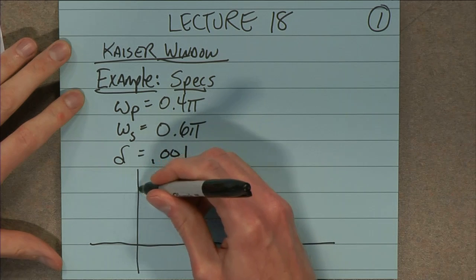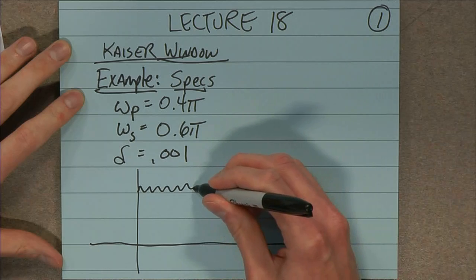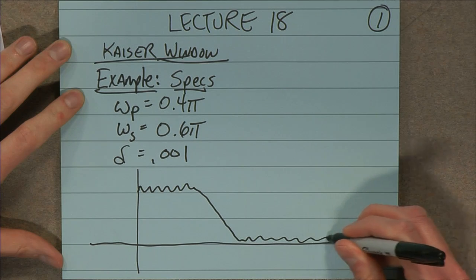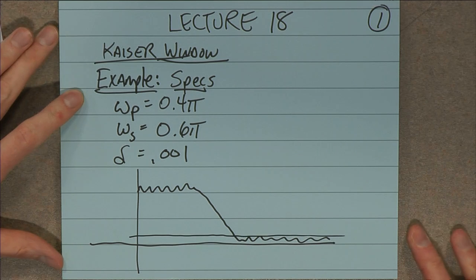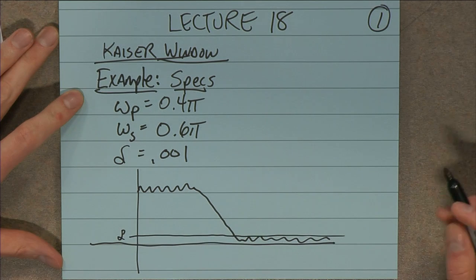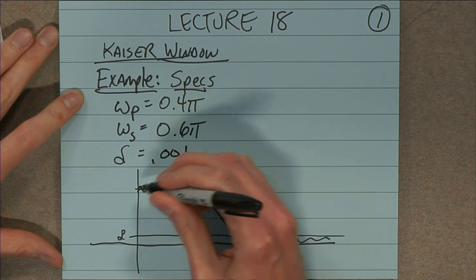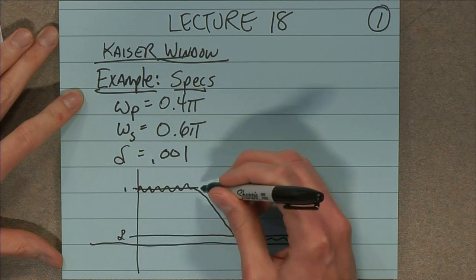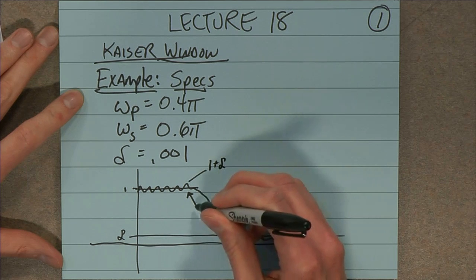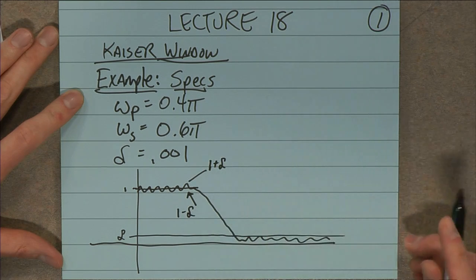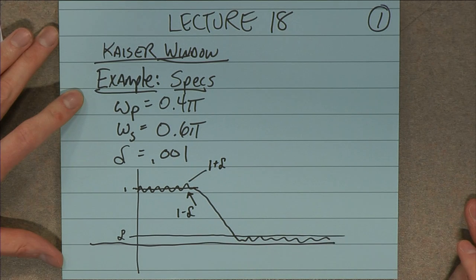We're going to have some tolerance of ripple in the passband, a transition band, and a tolerance of ripple in the stop band, where that ripple level is delta. If this is 1, the max of this ripple is 1 plus delta, and the minimum is 1 minus delta. So that controls the passband ripple and the stop band attenuation.